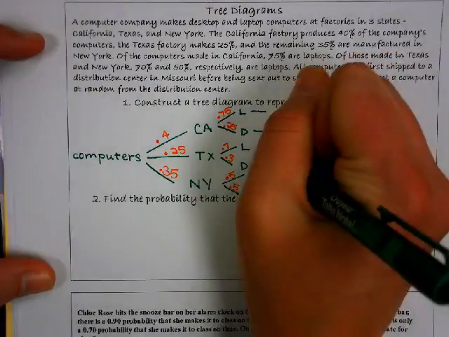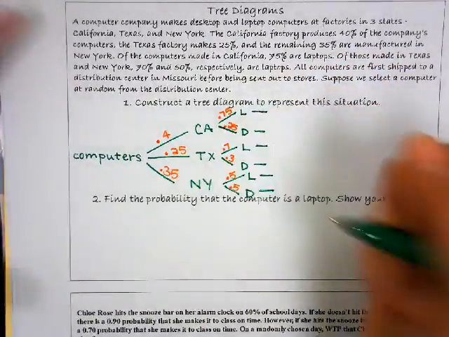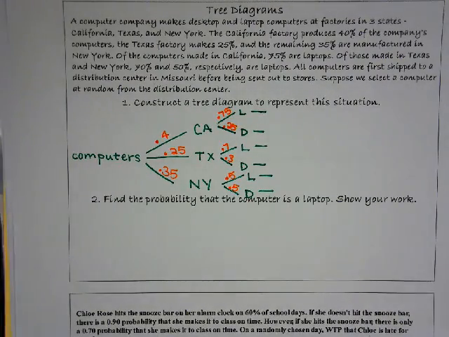So you have branches from each of those. And to find those numbers, you just multiply the two numbers.